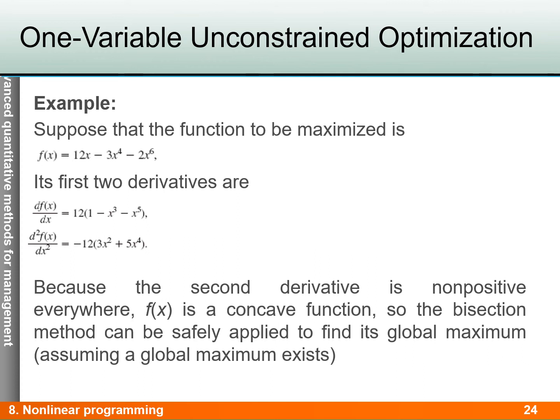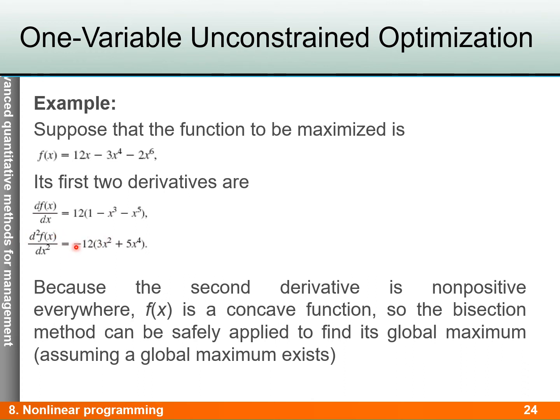The first step to see if the bisection method can be applied safely is to check if our objective function is concave. To this end, as we learned before, we need to calculate the first and the second derivative of that objective function.